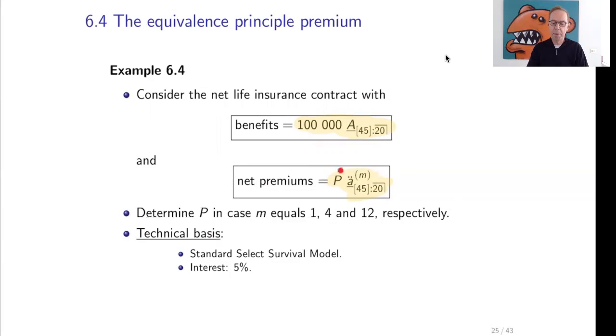The premiums are paid m-thly, so the year is split in m periods, and there is a premium P over m paid per period, until age 65. The question in this example is to determine the premium in case m equals 1, 4, and 12. So if there is 1 premium payment per year, or 4, or 12 premium payments per year, we have to choose a technical basis, a standard select survival model and an interest rate.